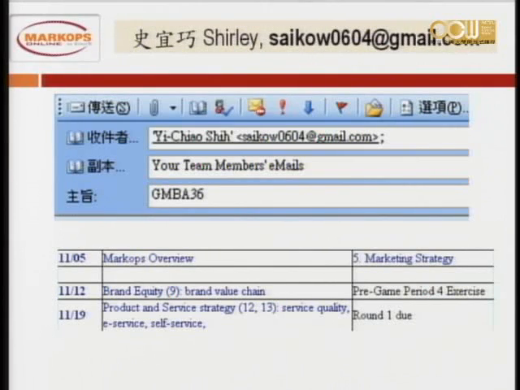Okay, last one. Send the wizard exercise decision to the TA as soon as possible. You need to do that before next week. The TA will give you your decision file so you can make a decision.